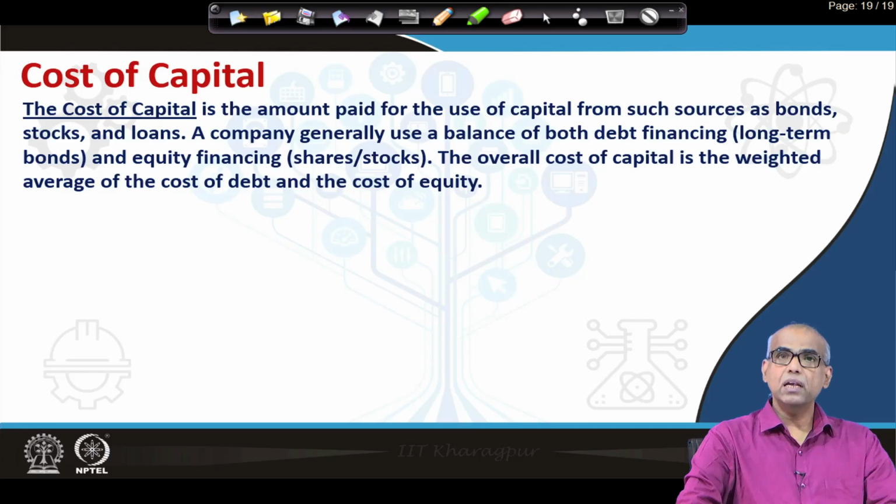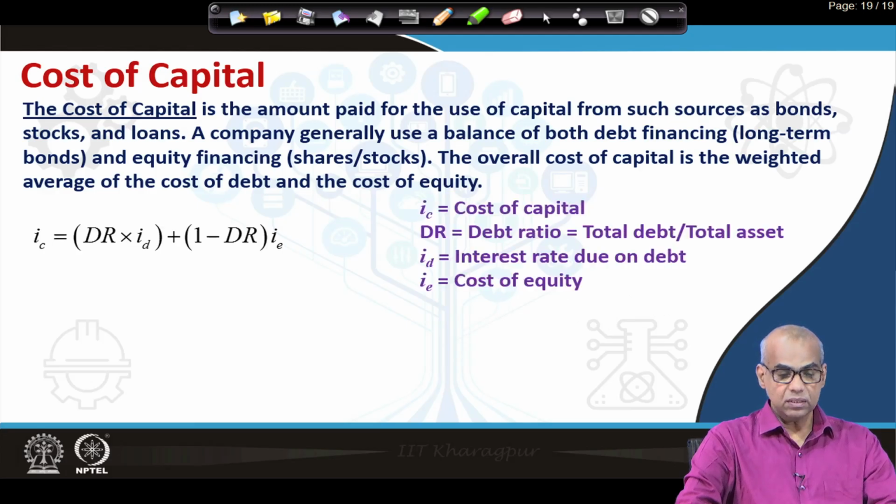So, a company finances a certain percentage using debt financing and the remaining using equity financing. The overall cost of capital is the weighted average of the cost of debt and the cost of equity.